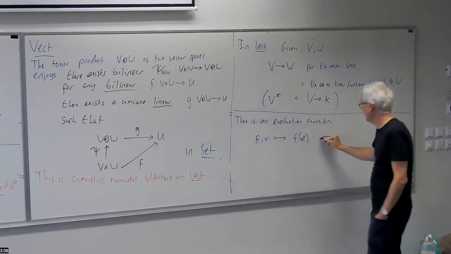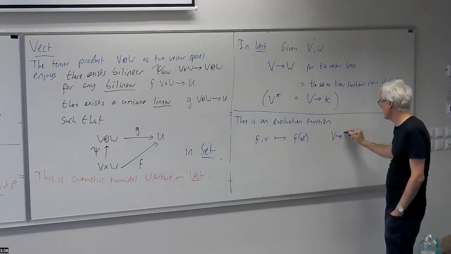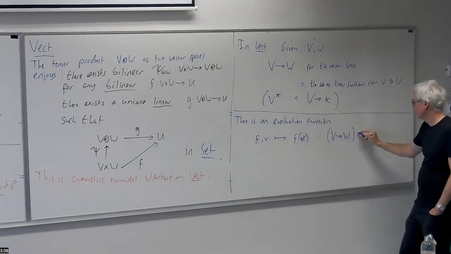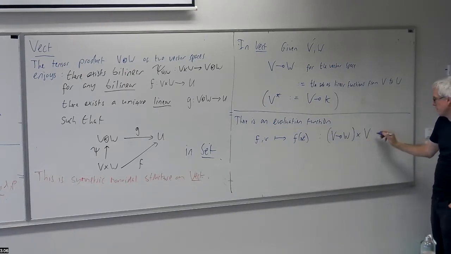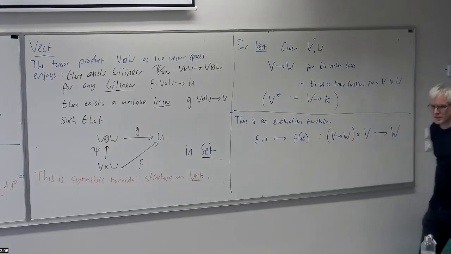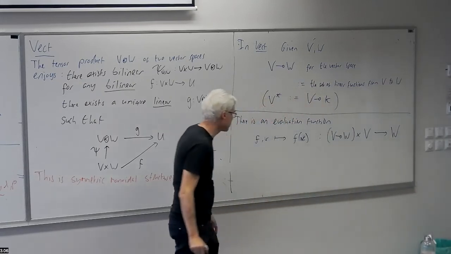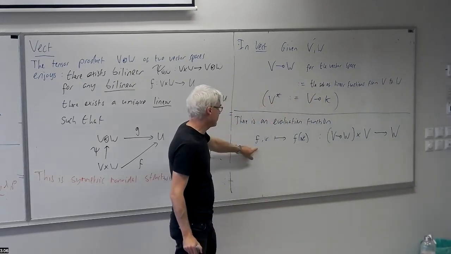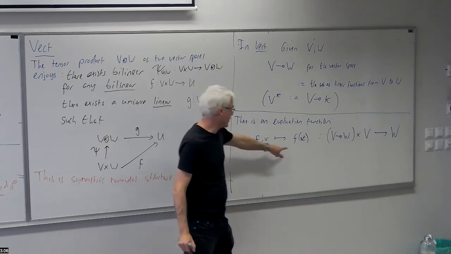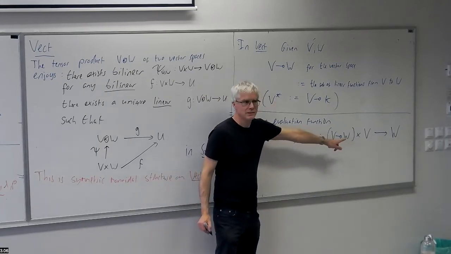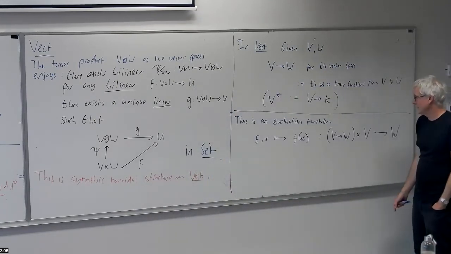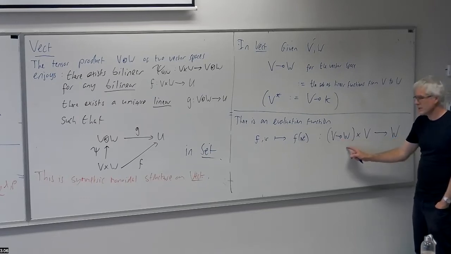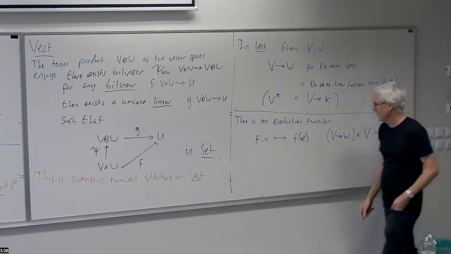So that's a function that takes us from our space of linear functions, together with a vector in the space V, applies the function to the vector, and gives us back a vector in the space W. Now, this function is not linear.